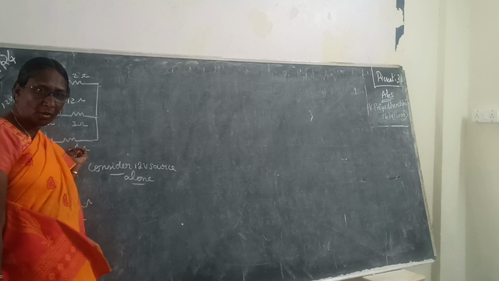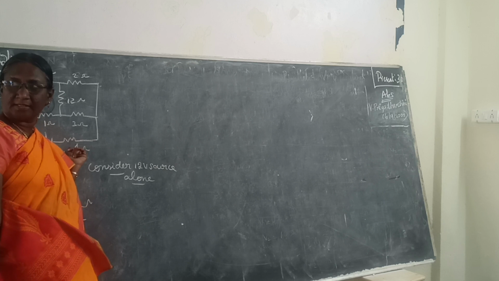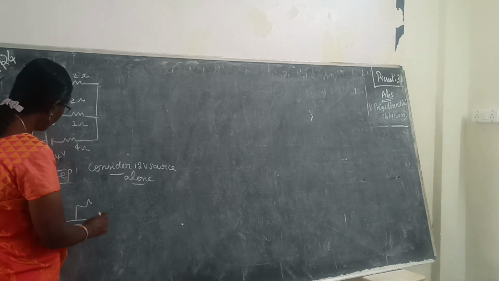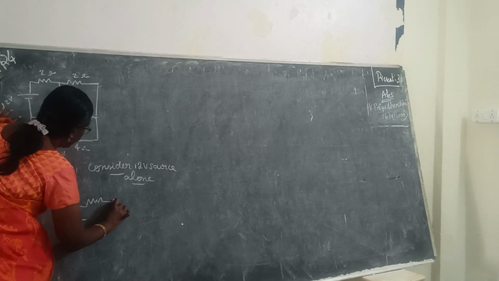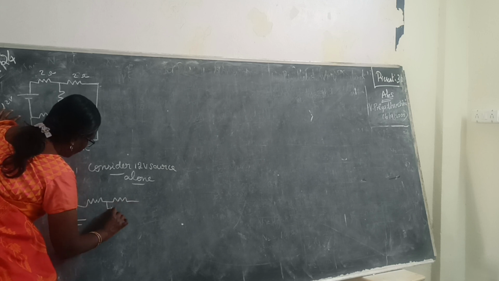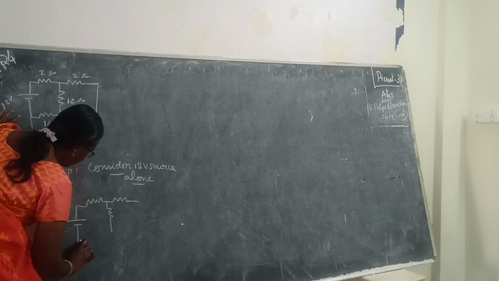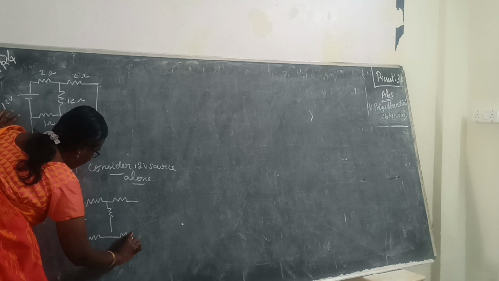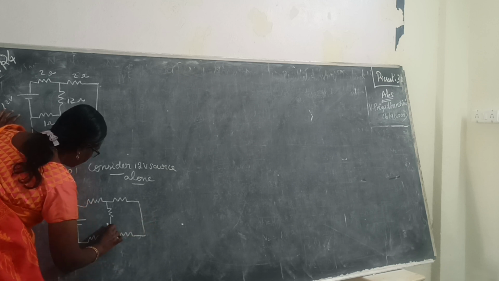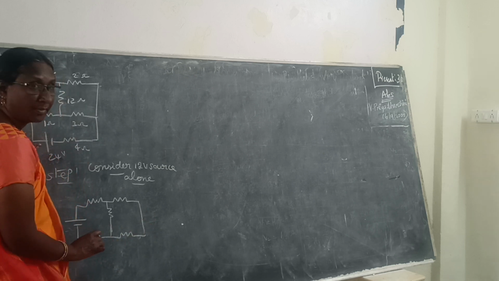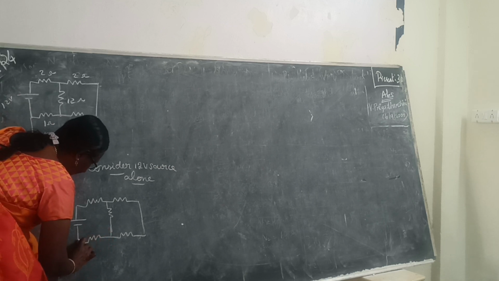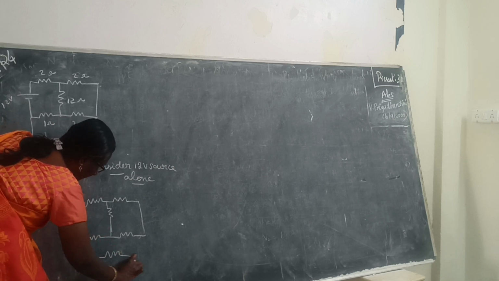Short circuit gives 0. So when you draw the diagram, this voltage source becomes a short circuit.